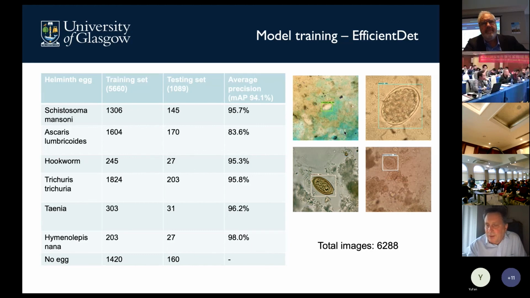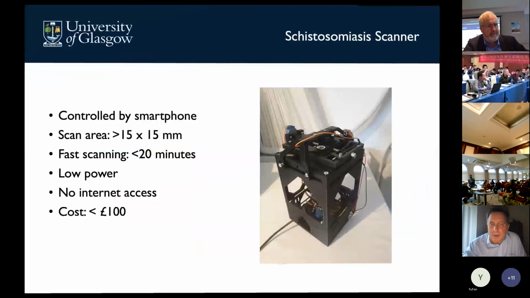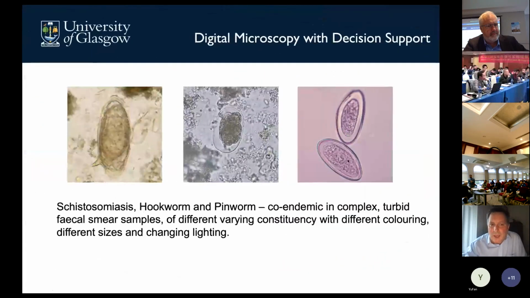So this task of identifying eggs, not only as object detection, but to distinguish between schistosomiasis here, which has this characteristic spine, hookworm, which doesn't have a hook actually, and pinworm here, to do that species-specific detection is great credit actually to the Google detection software, amongst other things.